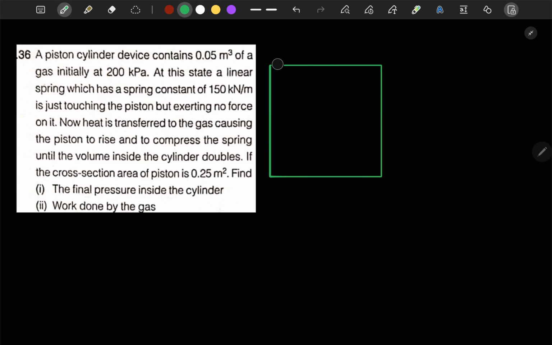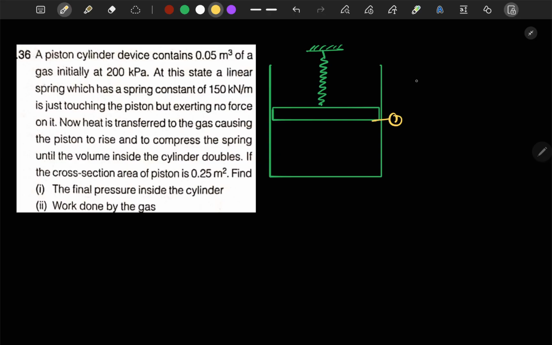Okay, so let's say this is the cylinder, and here it has a piston, and on top of it there is a spring attached. Now it is mentioned that initially, let's say this is location 1.